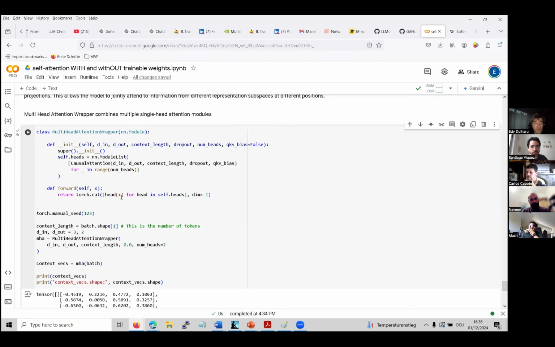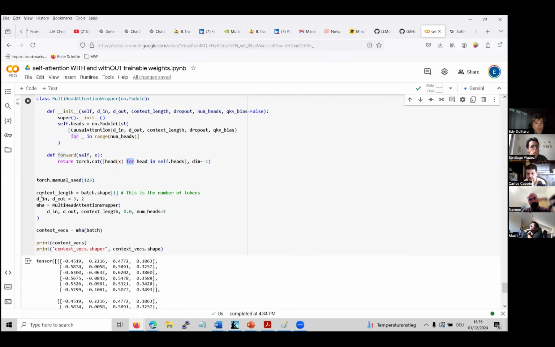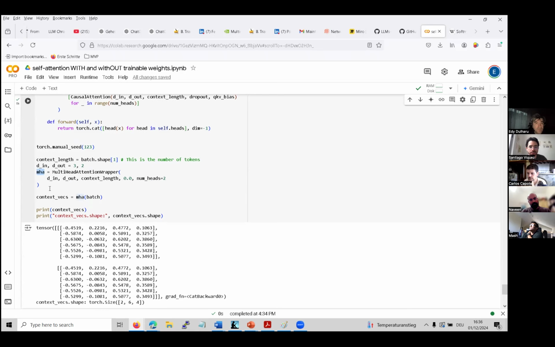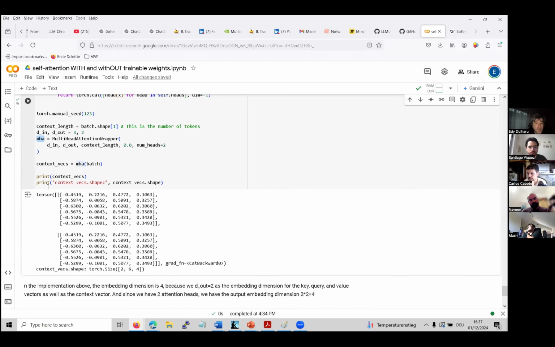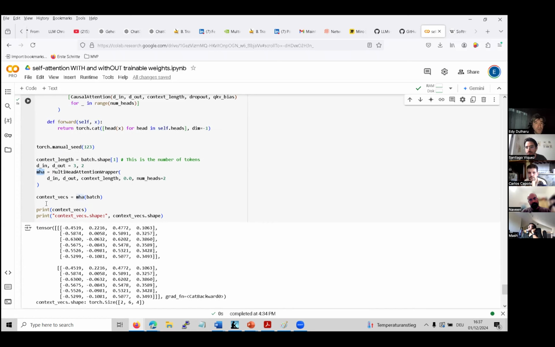And then here we have a sequential approach for the heads. The context length uses the same size for the input, 32 for the output, and an instance of this class.